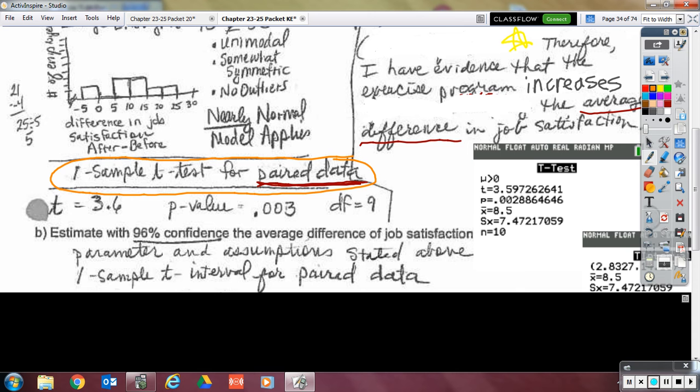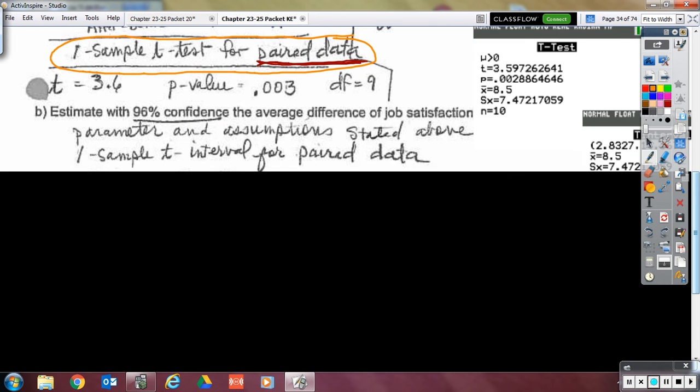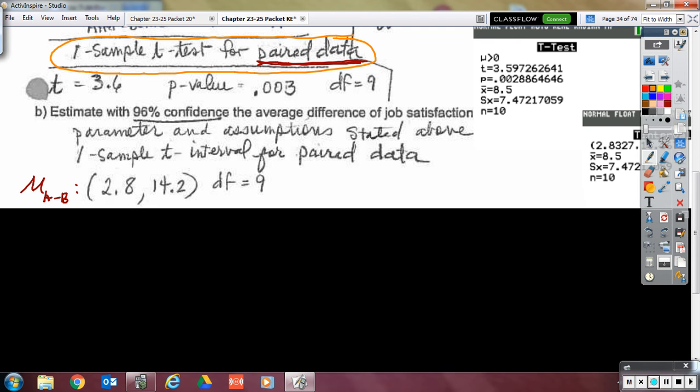All right, so that makes this exercise 2 or example 2 or part B, whatever, one sample t interval for paired data. Okay, then you go and do that interval. Shouldn't be a mystery, you go and you got it in the t interval calculator. So do not forget this part right here in front.